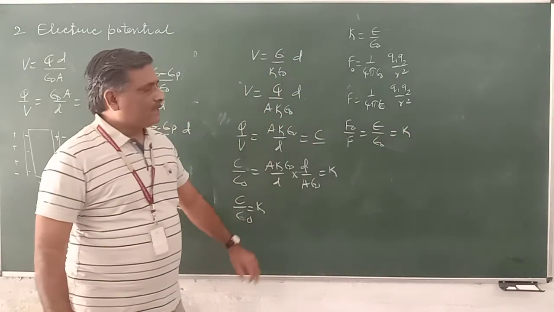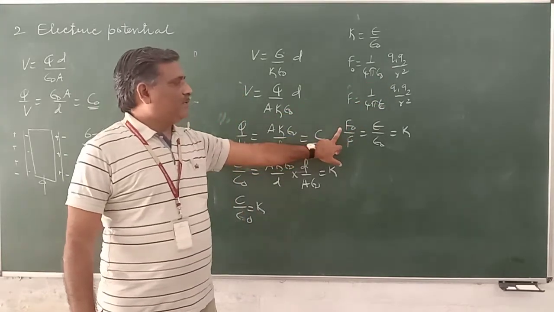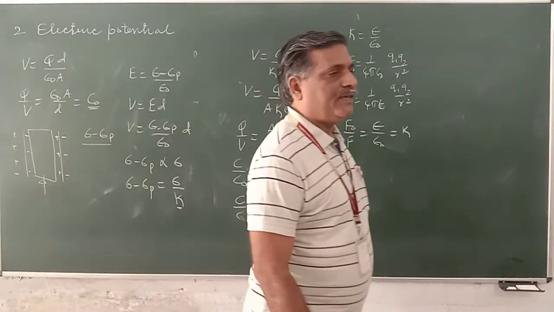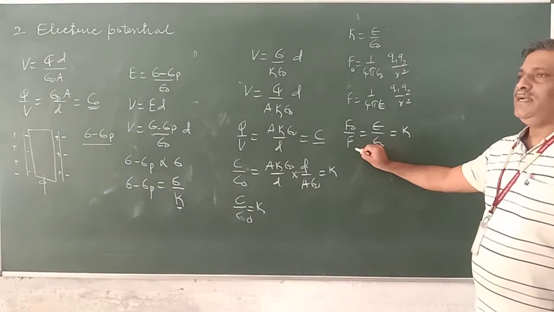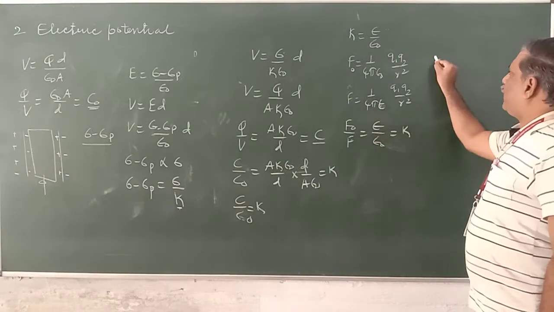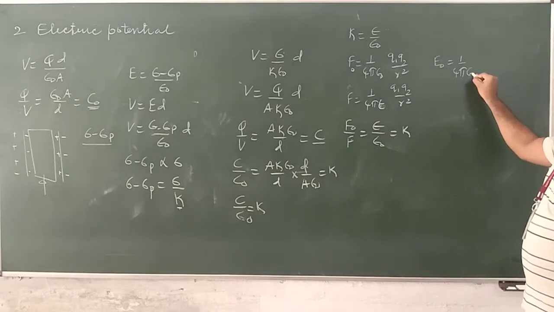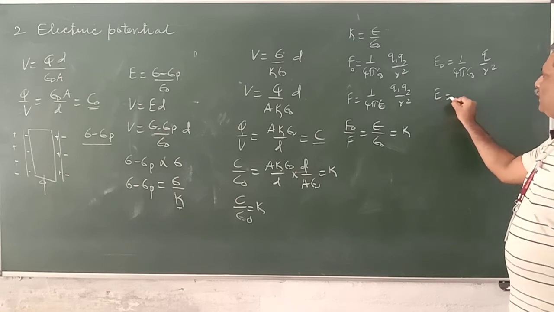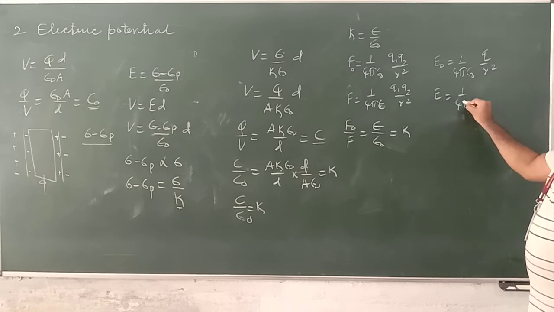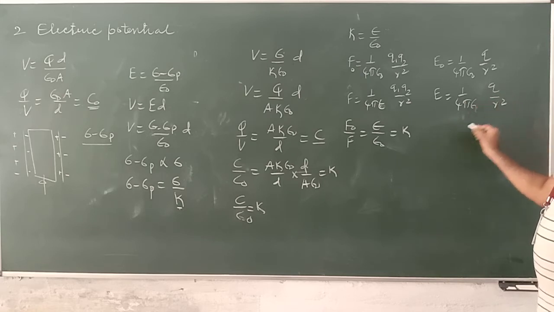So it is the ratio of the force between two charges in free space to the force between two charges in a dielectric. On similar lines, we can define E0 is equal to 1 upon 4 pi epsilon 0 Q by R square, and E is equal to 1 upon 4 pi epsilon 0 epsilon Q by R square.